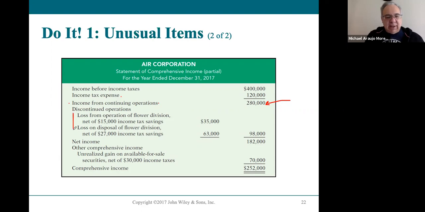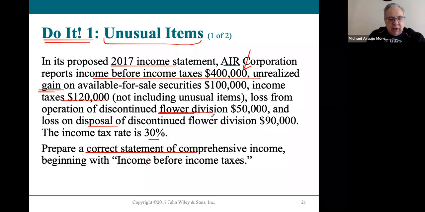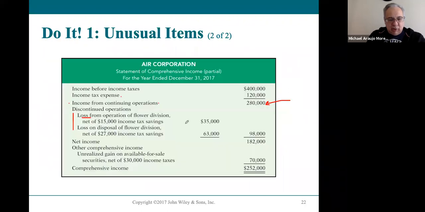Now we have to list our discontinued operations. So here we had a loss of the flour division. Let's go back to the data so we can see this. The loss from the flour division was $50,000, but you had to put aside 30% of that for tax. So 15,000 gets put aside for tax savings. So the actual loss is 35.